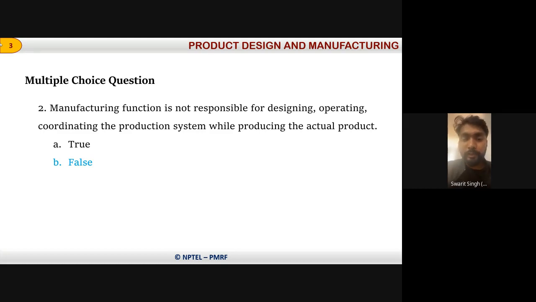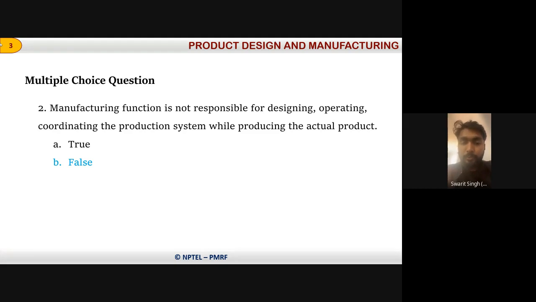So before coming to any conclusion, please read the question or the statement very carefully. If the word not was not present in this statement, it would obviously be a true statement, because manufacturing is responsible for all the design, operating and coordinating activity of the production system.